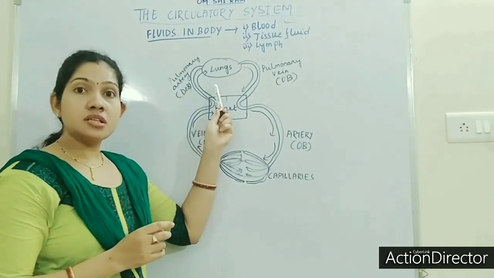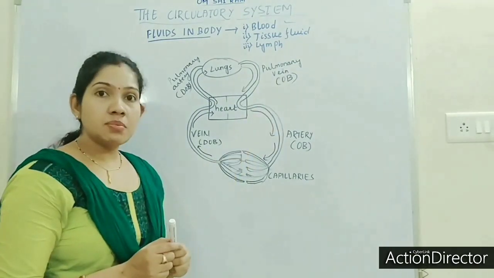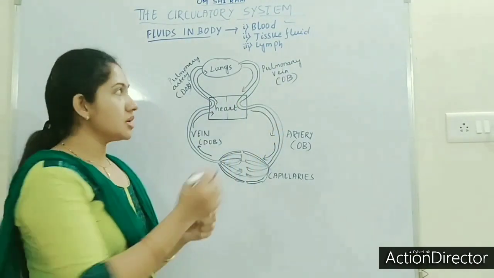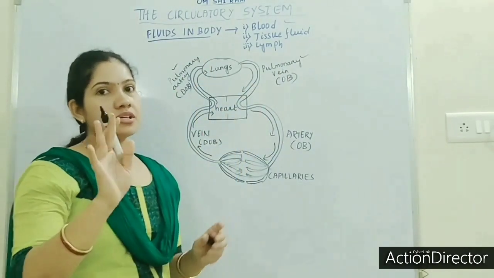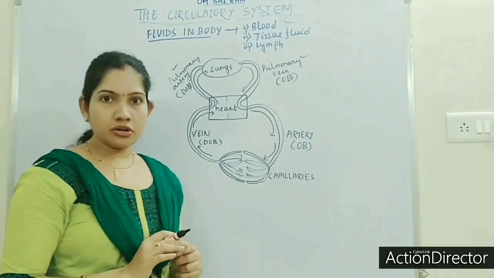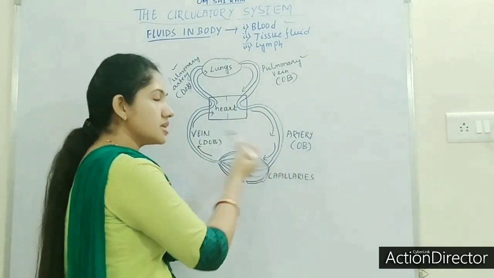This carries deoxygenated blood, but it is known as artery. This carries oxygenated blood, but it is known as vein. Okay, these are the two exceptions. More detail I will tell you when we read heart. Got it? So let us come to the lower part. So this is the vein and this is the artery.